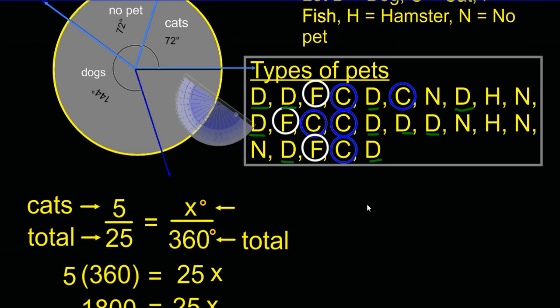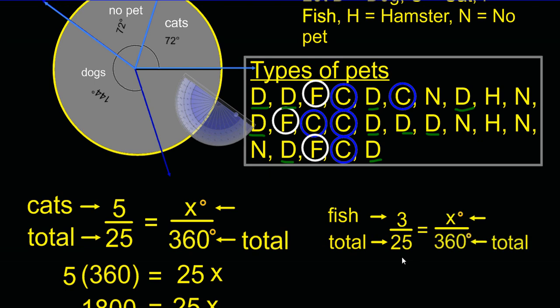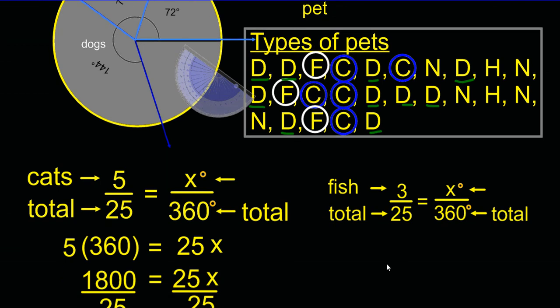I'm going to do the same thing for fish that I did with cats at the beginning. I write the number of fish over the total number of animals in this data set, or pets. And then I have x degrees over the total number of degrees in a circle, 360.